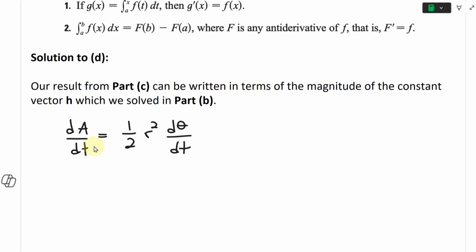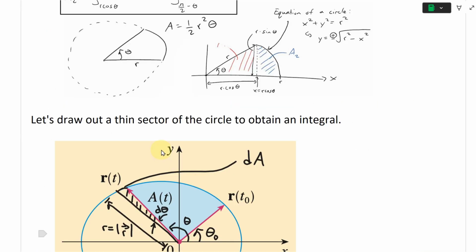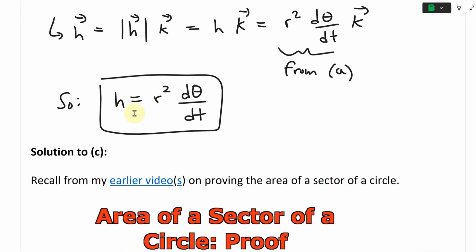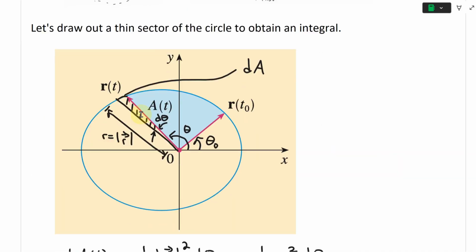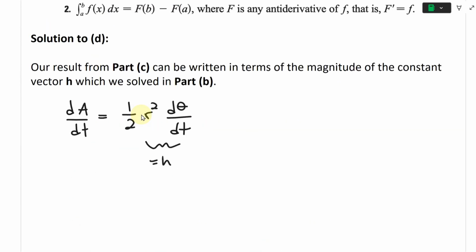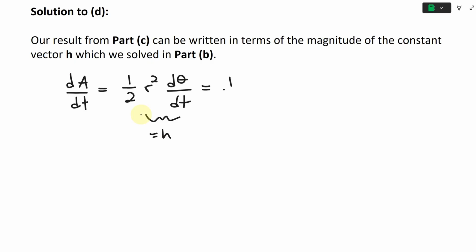This is from part C, and now this right here is from part B. This equals h. So r squared, that's all the way here. So that's this part right here, r squared d theta over dt. And that's constant. So what do you know? It's constant. So this just equals 1/2 h, and this just equals a constant.